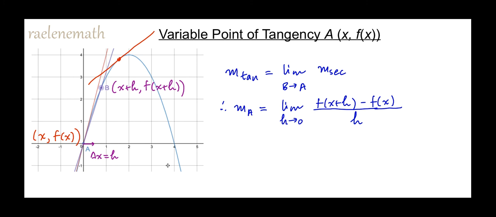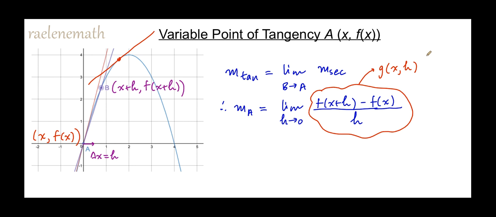But what's interesting to note is that this is just like working out the limit of a function. What height does a graph approach as x approaches something? In this particular case, this whole rational numerator over denominator function is some other function, let's call it g, and it depends in this case on two things, x and h.